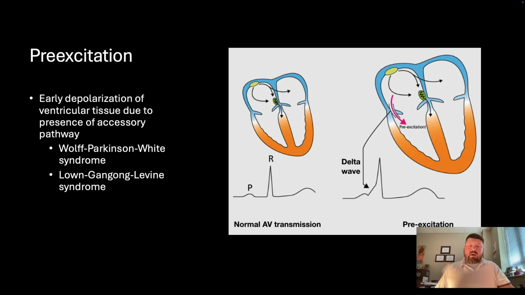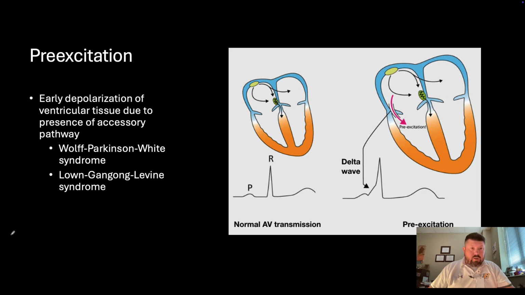So there are a couple of things that you would see. One of the things you're going to see is a shortened PR interval, because you don't have the period of time where the AV node is holding off. And you're also going to see the presence of a delta wave, which essentially just shows the conduction going straight into the ventricle.